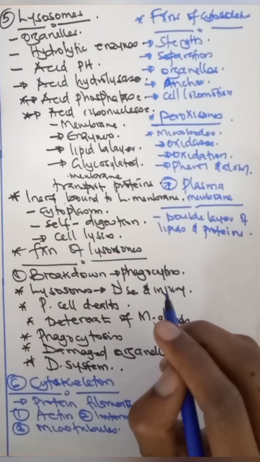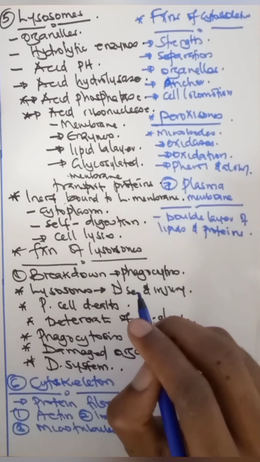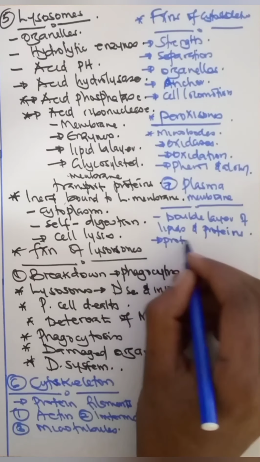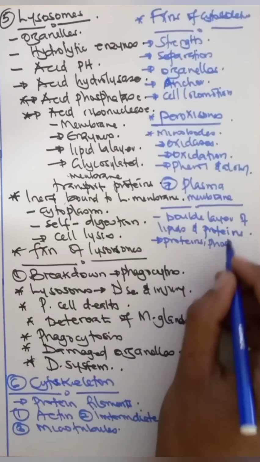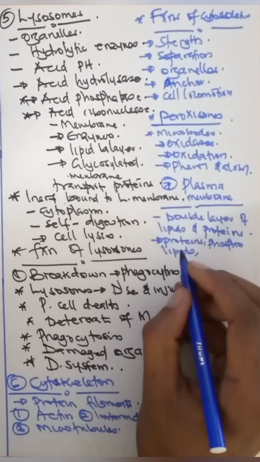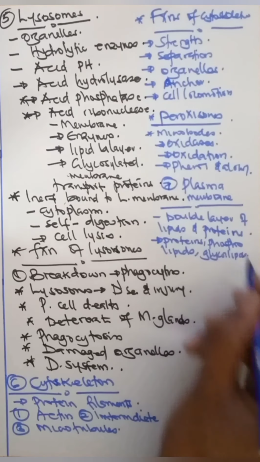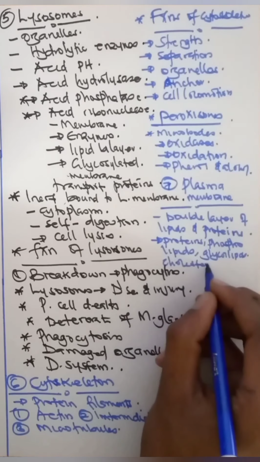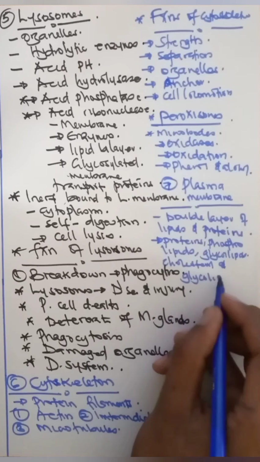When you look at the plasma membrane or plasmalemma, it is made up of proteins, phospholipids, glycolipids, and cholesterol.